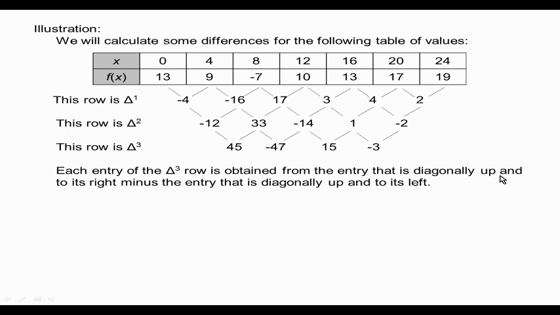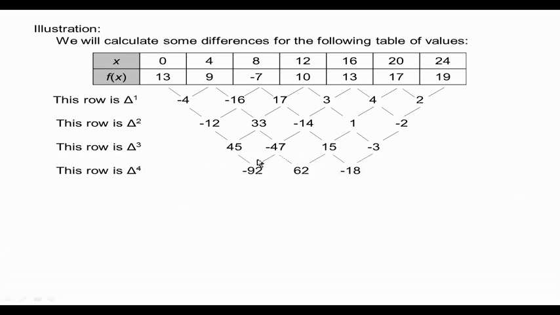And we can keep going like this. So, just for the fun of it, let's go ahead and compute the fourth differences. So, negative 47 minus 45 is negative 92. 15 minus negative 47 is 62. And negative 3 minus 15 is negative 18. And again, right minus left.